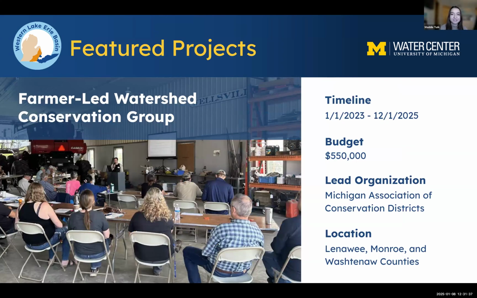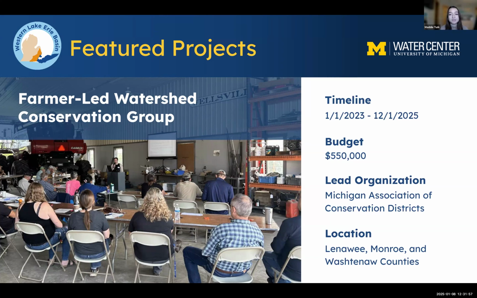Yeah, we just wanted to showcase some of the amazing projects that have been submitted to the database. One of our ultimate aims is to highlight projects like these, both through the database itself and through future marketing materials like newsletters. So the first project we have today is the Farmer-Led Watershed Conservation Group.